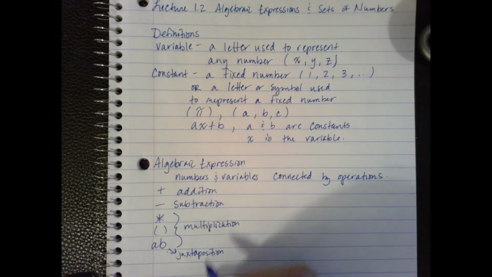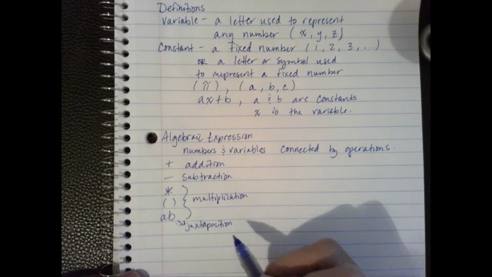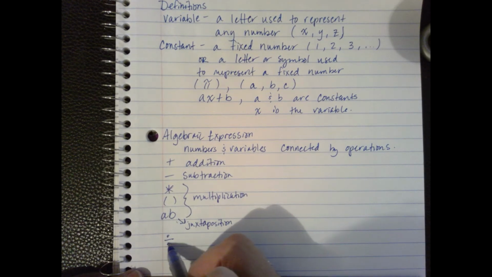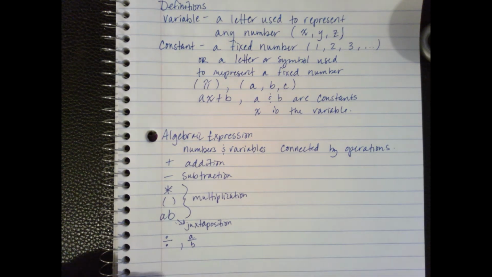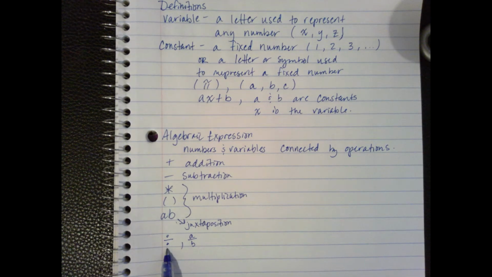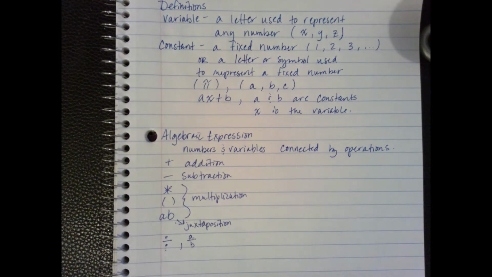And then finally we have division. Here we will use the division symbol a little bit, but it's not very common after you start higher levels of math. Most of the time we will be using fraction notation to denote division.